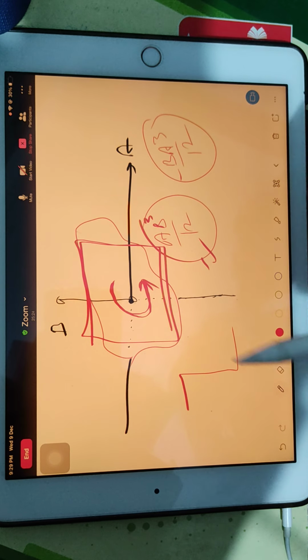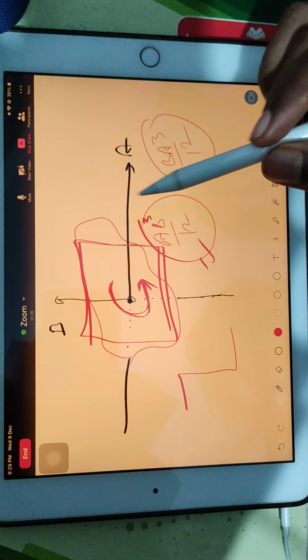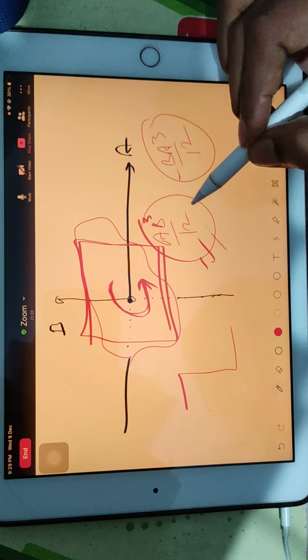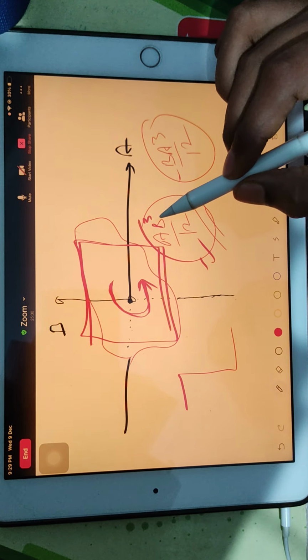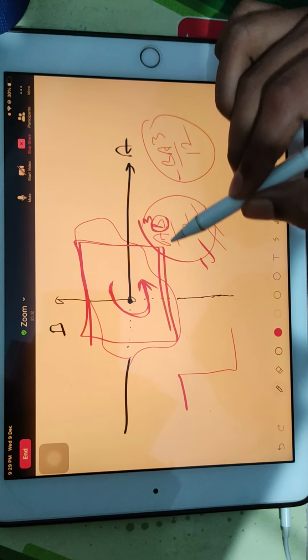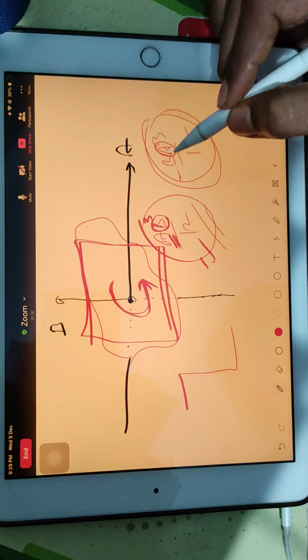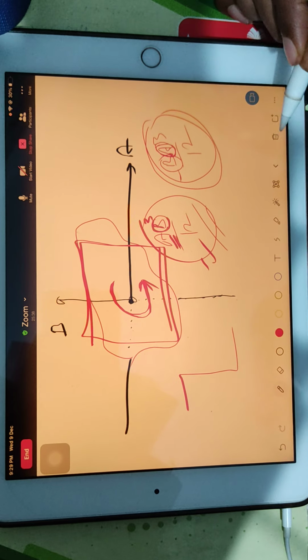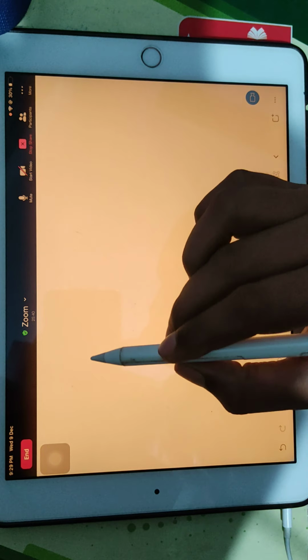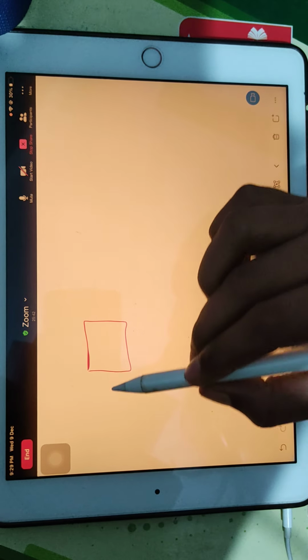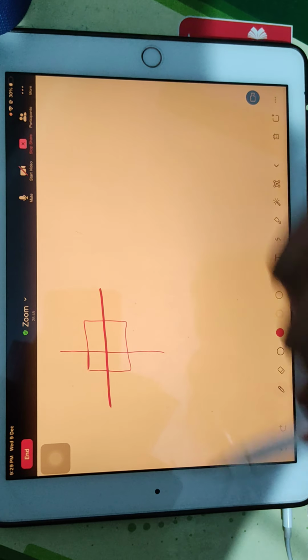So now you understand a very easy concept here. If you are using this formula, AB cube by 12, it means what? B axis is rotating about A axis. In this formula, A axis is rotating about B axis. Now let's link. You have a rectangle. This rectangle is like this and like this.